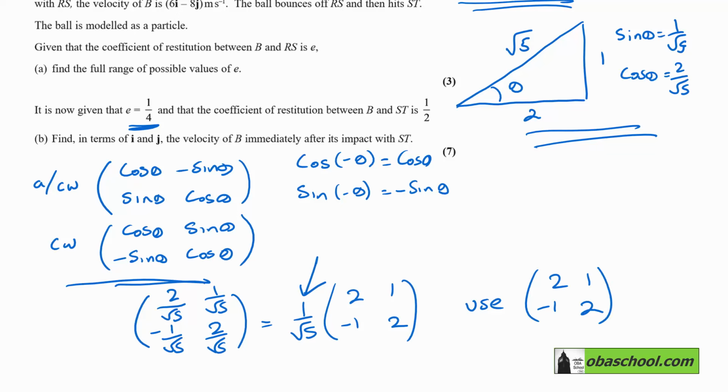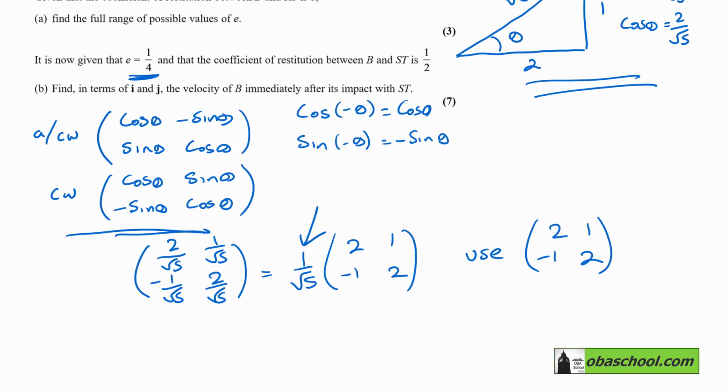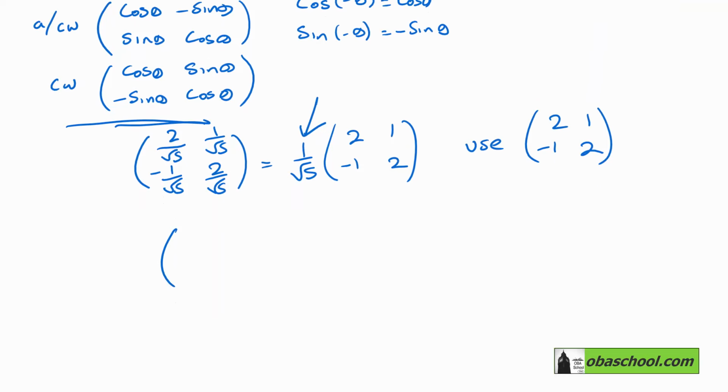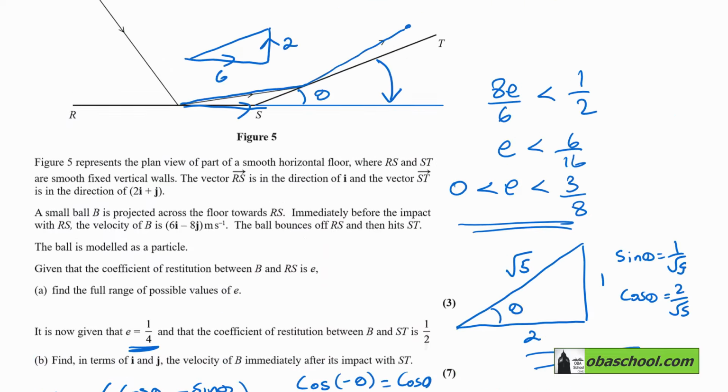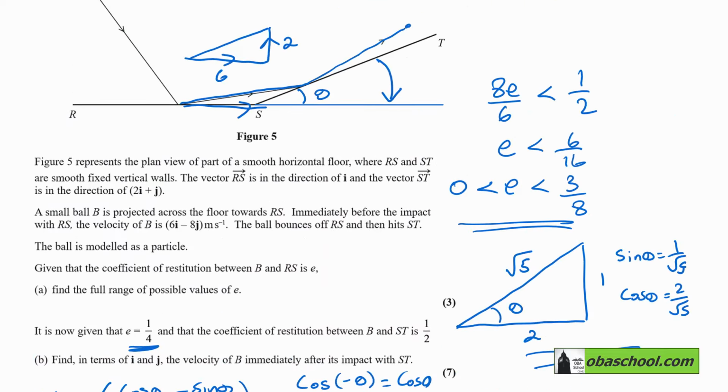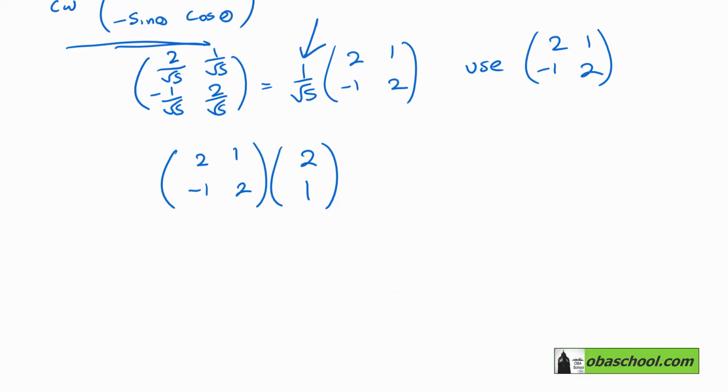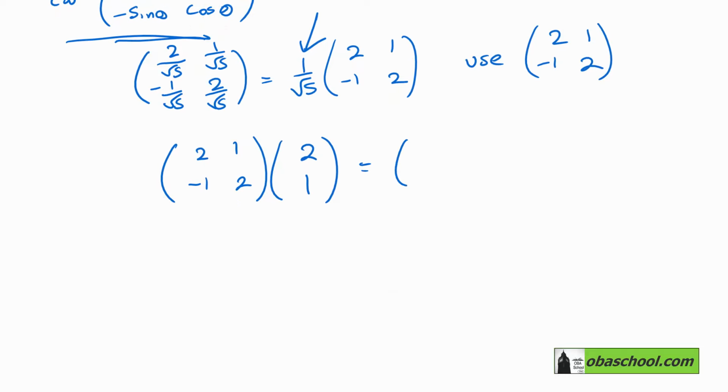And as long as we use that throughout, it's not going to make any difference to our answers. So if we multiply by 2, 1, which is the vector ST, what do we get? We get 5, 0. And now that's nice and horizontal, exactly as we would like it.